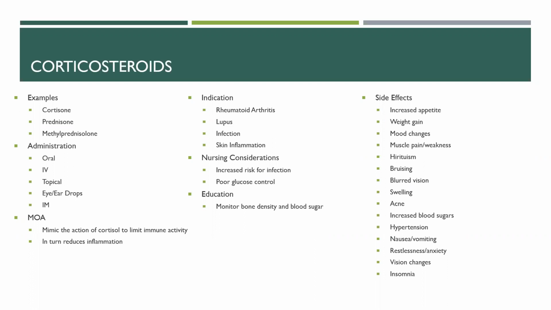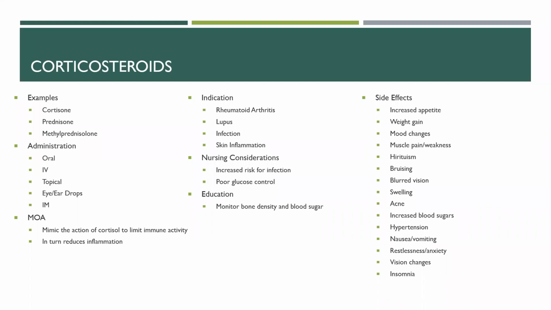Side effects include increased appetite, weight gain, mood changes, muscle pain and weakness, hirsutism, which is that excessive hair growth in areas we wouldn't typically see hair growth, bruising, blurred vision, swelling, acne, increased blood sugars, hypertension, nausea and vomiting, restlessness and anxiety, vision changes, and insomnia.